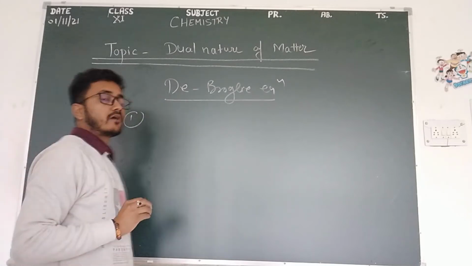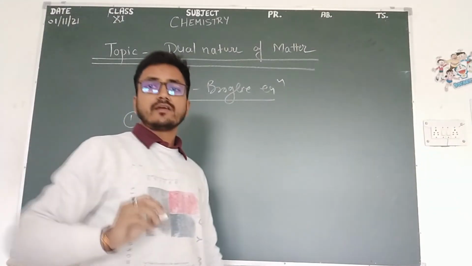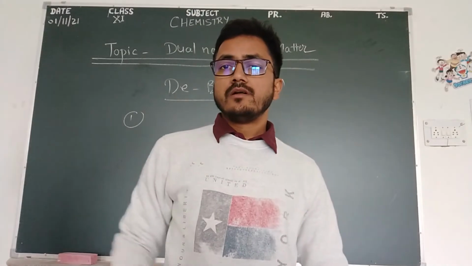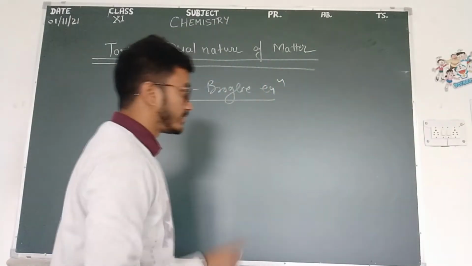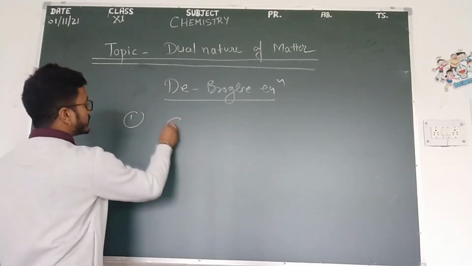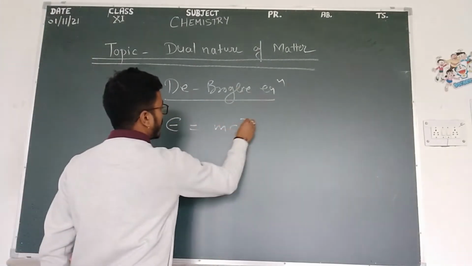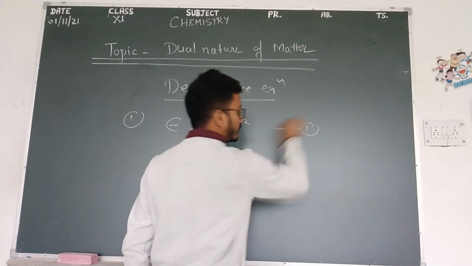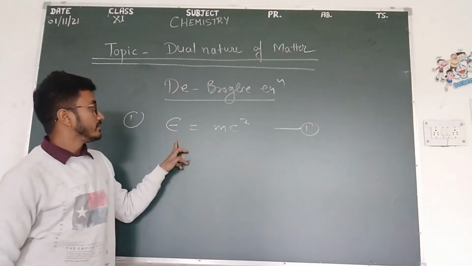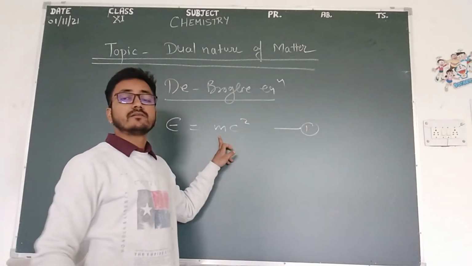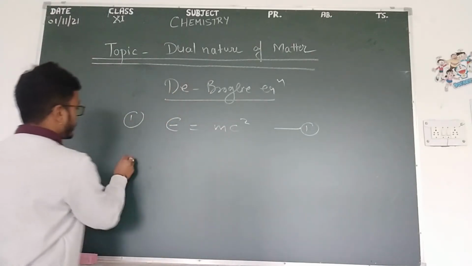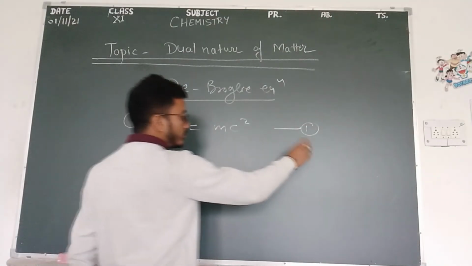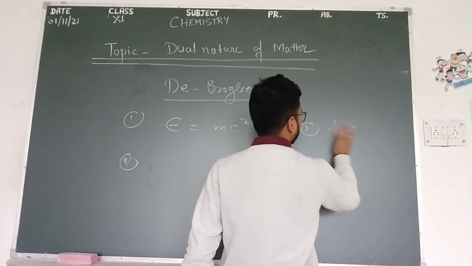First, Einstein gave a relation by which we can convert mass into energy and energy into mass, the interconversion of mass and energy, and that equation is E equal to mc square. So this is equation 1, where E is energy, m is the mass of matter, and c is the speed of light.